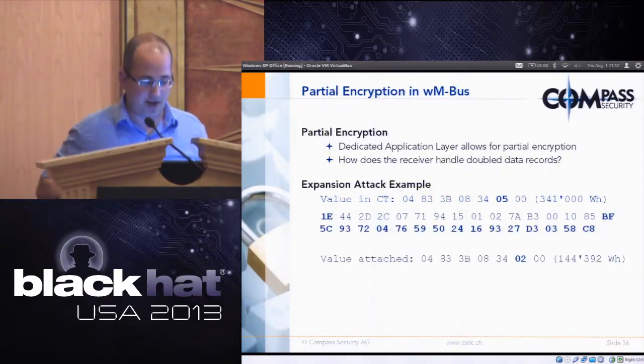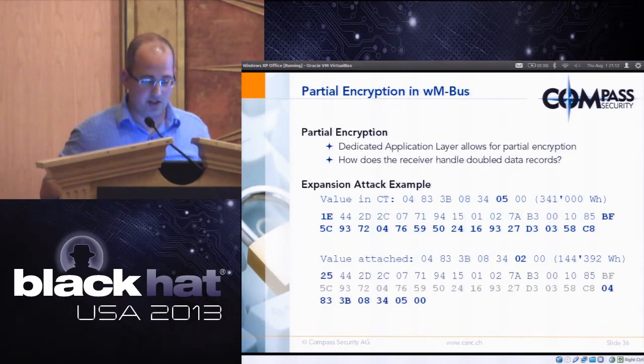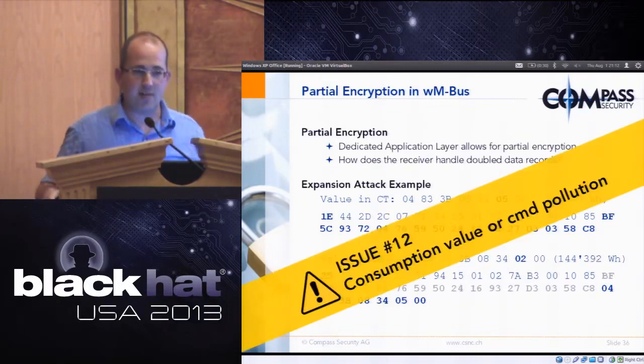Then we just append our own value. So that's actually less consumption. Then it looks that way, and we have to alter the first byte, which indicates the frame length, and send that to the collector. And actually some collectors accept that, some don't. And we found one which does. And I'm sure there are other ones which do as well.